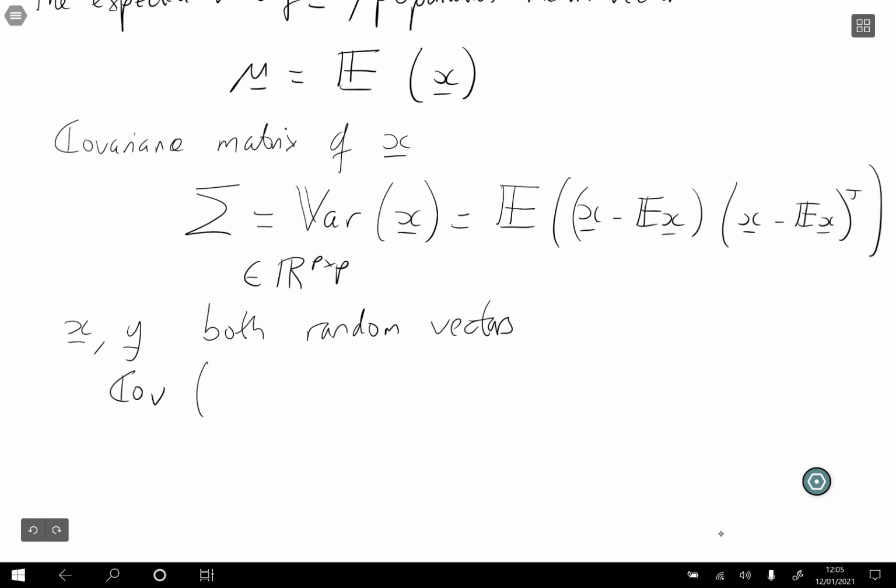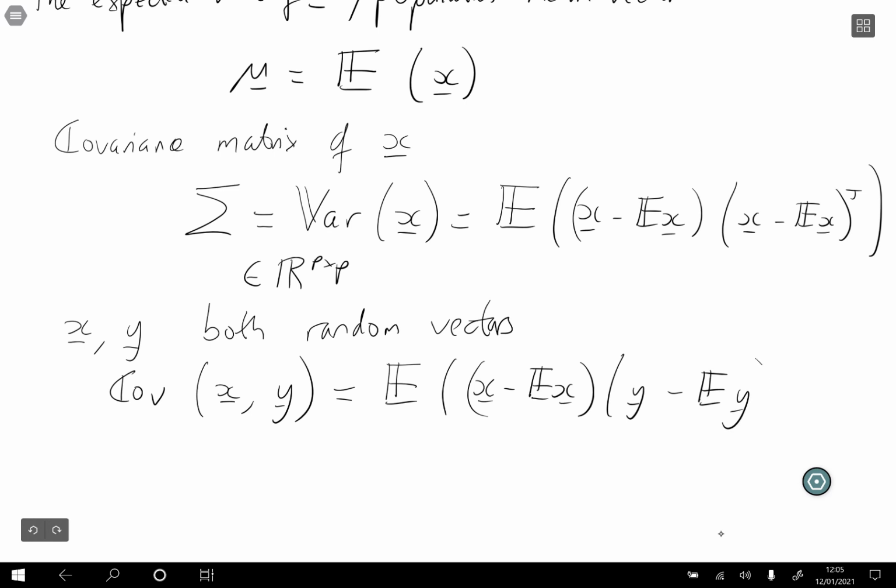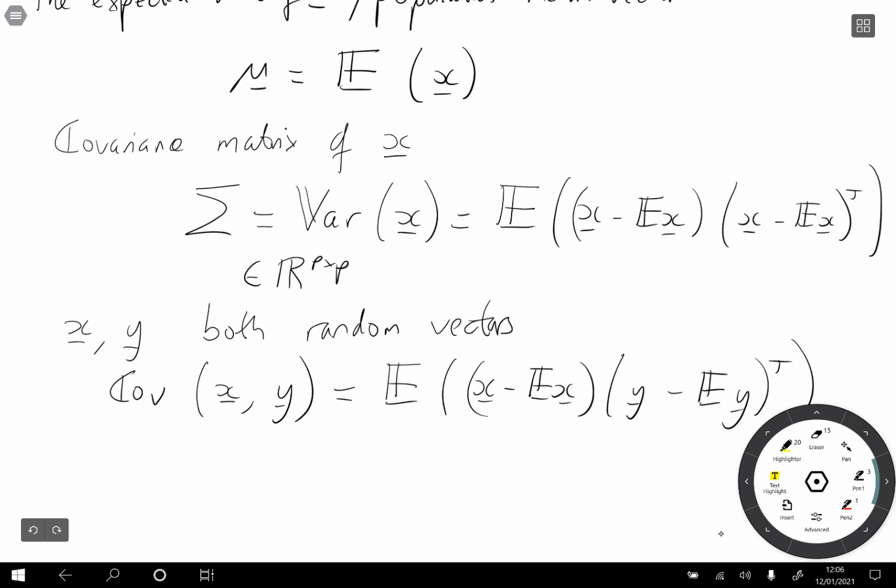Well, the covariance between x and y is just defined to be the expected value of (x minus the expected value of x) times (y minus the expected value of y), all transposed. And if x is p-dimensional, y is q-dimensional, the covariance will be a p by q dimensional matrix.